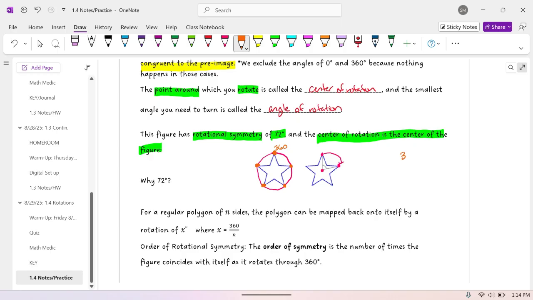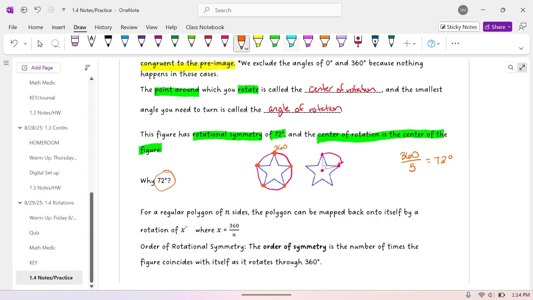So if we do 360 divided by 5, we should get 72 degrees, which if you put that in your calculator, that's exactly what you get. So that's why it's 72, because there are 5 places where it could be mapped onto itself as you rotate around.